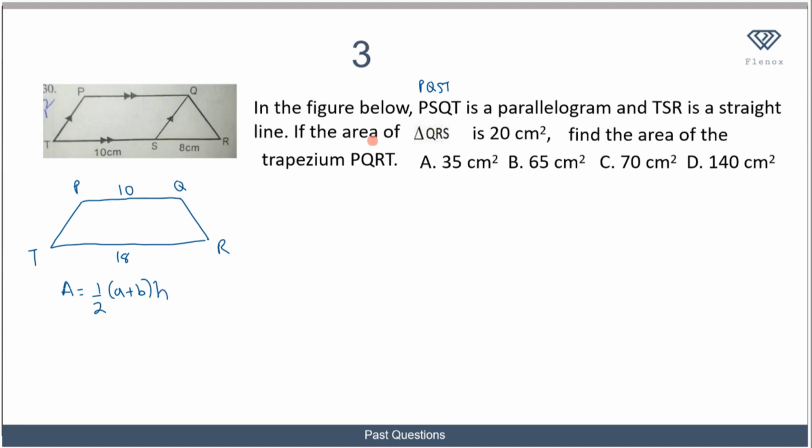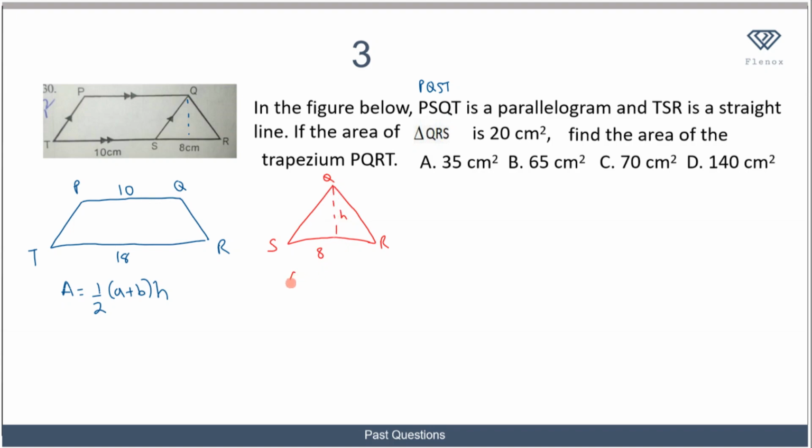However, I'm told that the area of the triangle QRS, this triangle over here, is 20. So from this, I can try to find the height of the triangle, and let me bring that out. So I have the triangle over here, with Q, R and S, and I'm told that the base is 8, and I can find the height.